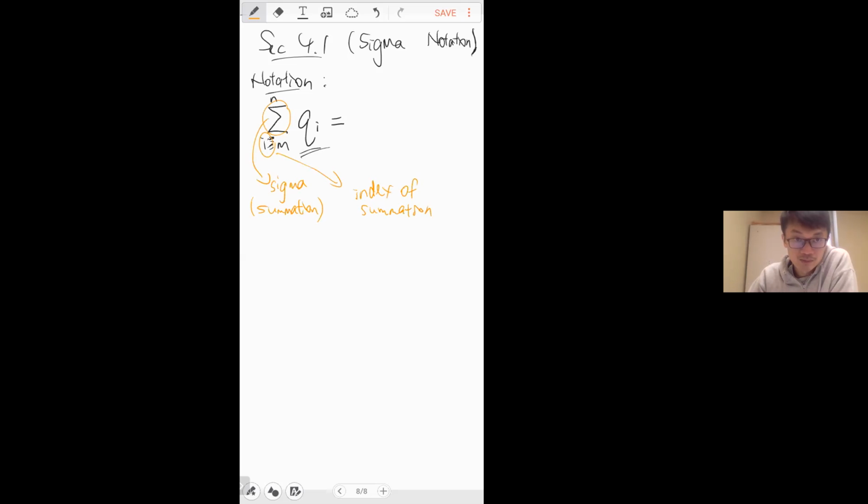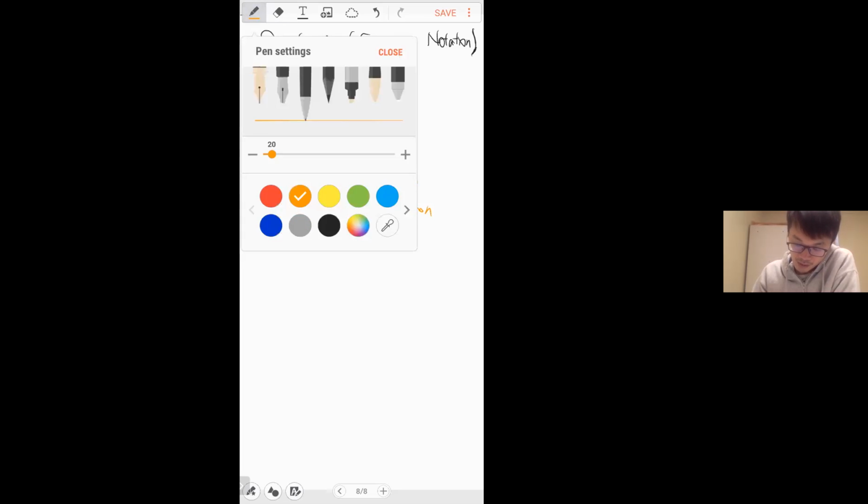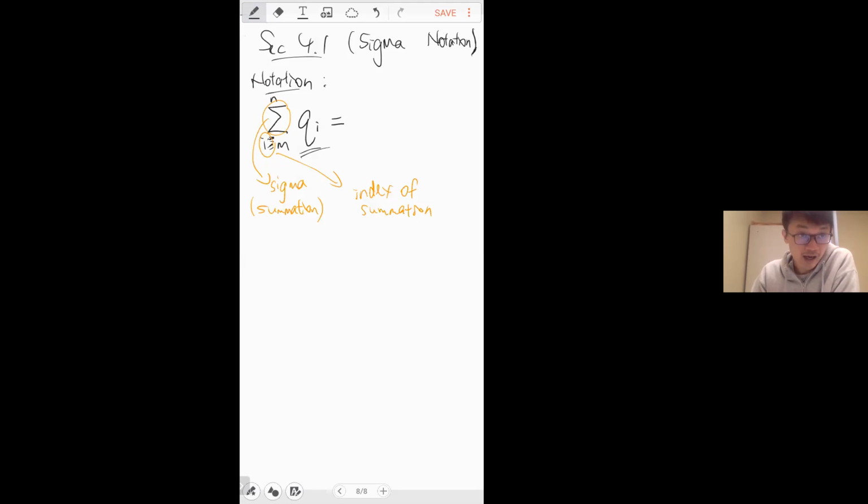And when I write the top is n, I mean i goes all the way up to n. So this expression right here means that I start from i equals m, so you do q sub m plus q sub m plus 1, all the way up to q sub n.